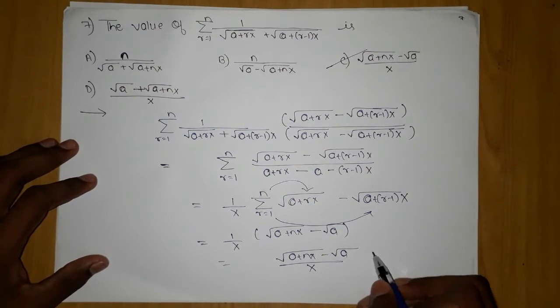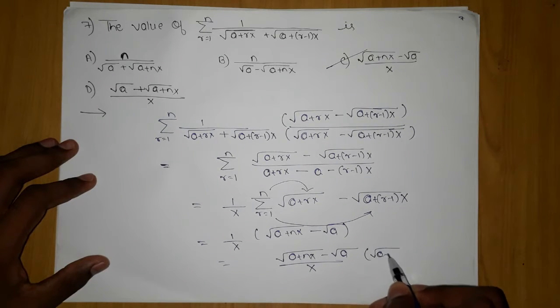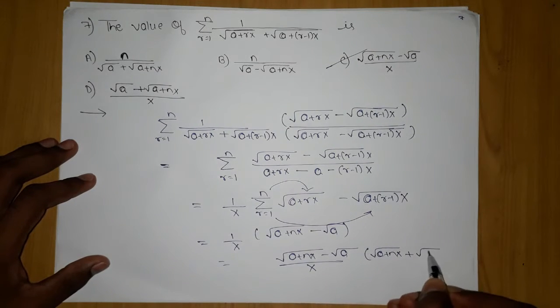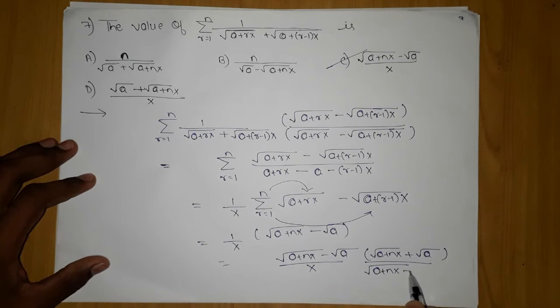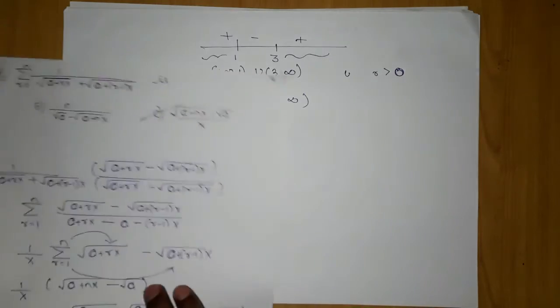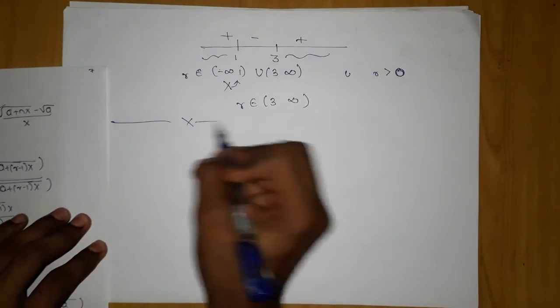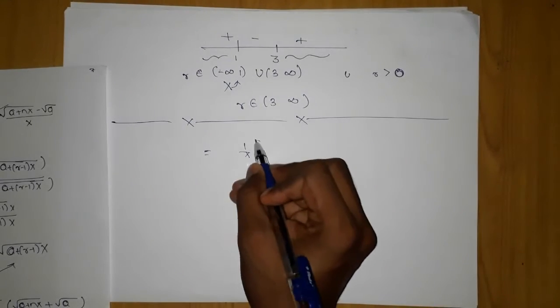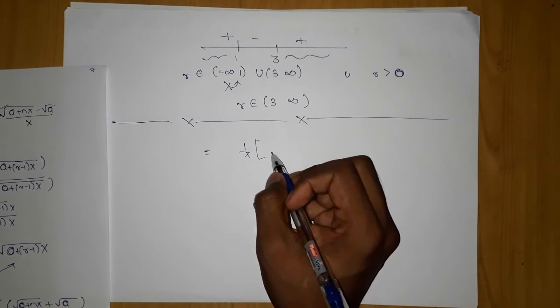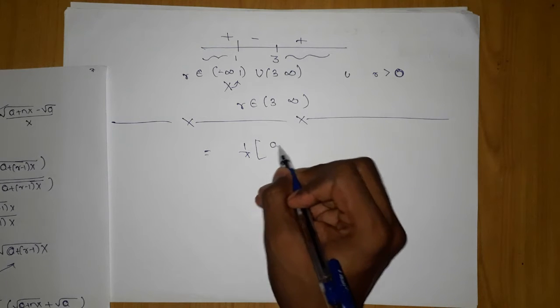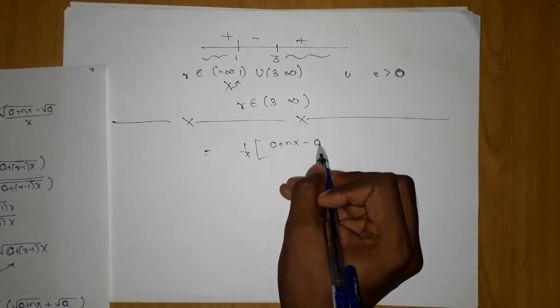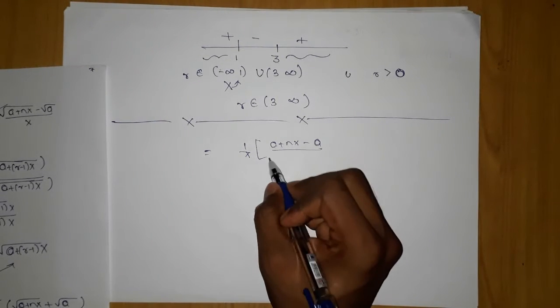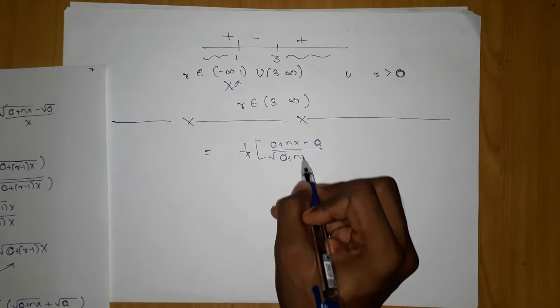If I rationalize it with under root a plus nx plus under root a upon under root a plus nx plus under root a, what are we getting? We are getting 1 upon x, and here we are left with a plus nx minus a upon under root a plus nx plus under root a.